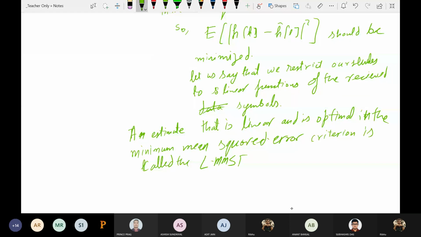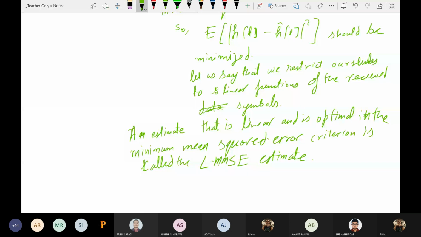Please, this is not equalization. That's an MMSE equalizer. That's a different thing. We're talking about an estimate. So this is the rationale for choosing the LMMSE estimate. Fine.